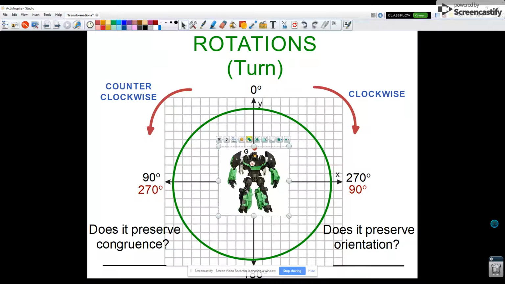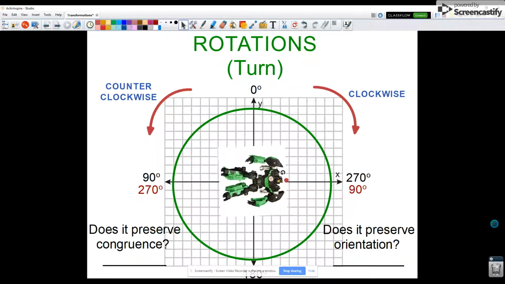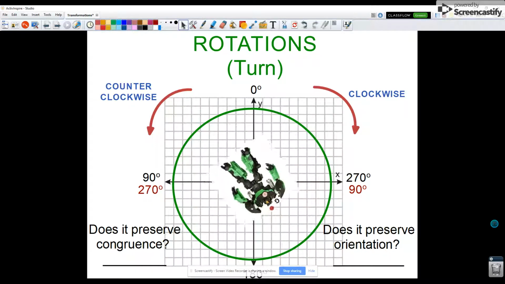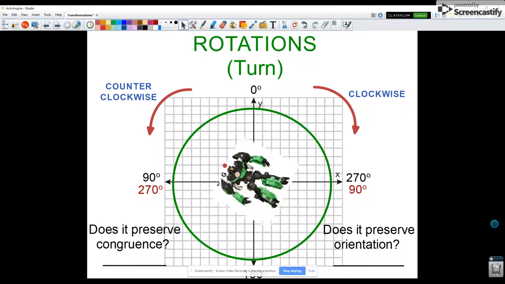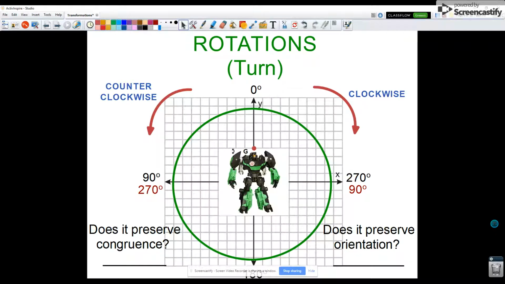We can also rotate Grimlock in the clockwise direction. That's looking at the red numbers. So here we're going to rotate him clockwise 90 degrees, 180 degrees, 270 degrees, and back to 0.